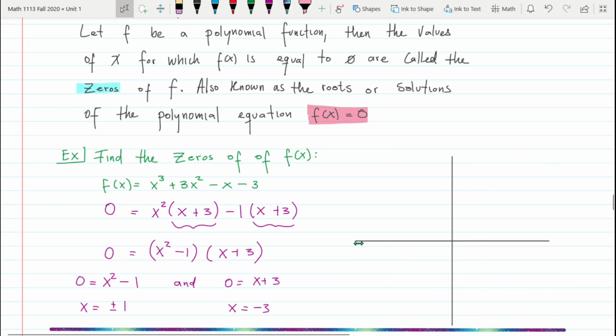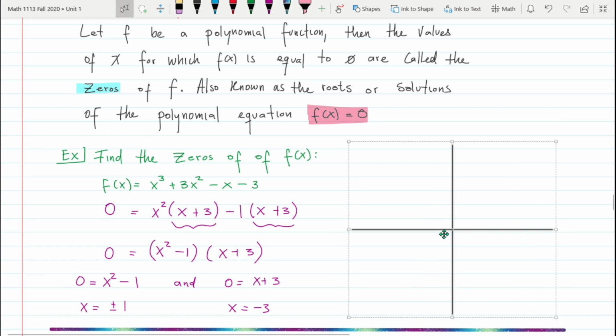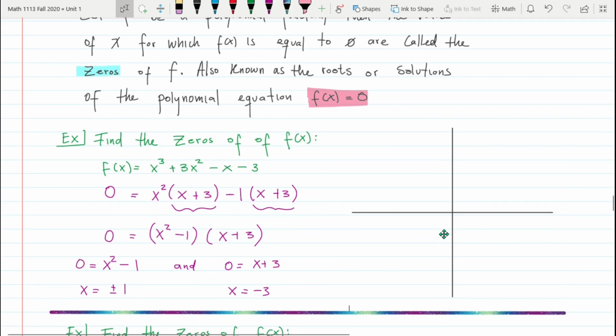Let's try to graph it here. Obviously this is a power 3 graph, and it has a positive coefficient, so you get some graph like this, right? That's the general idea.